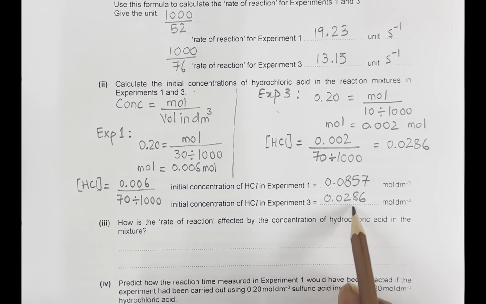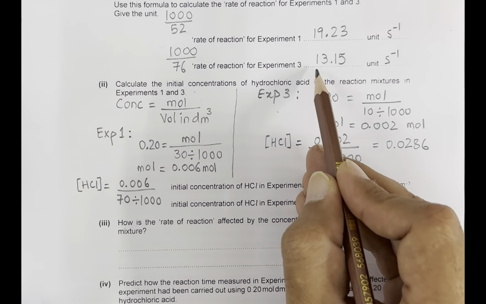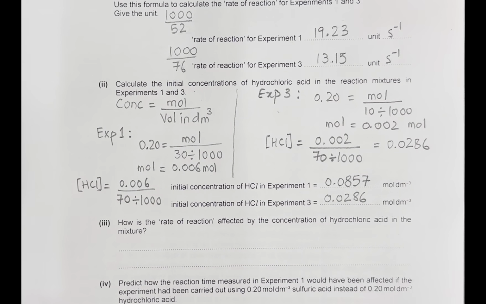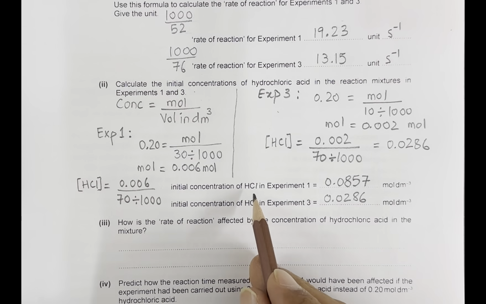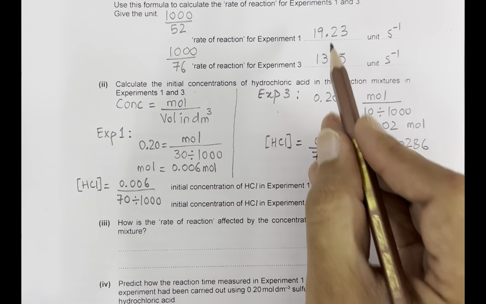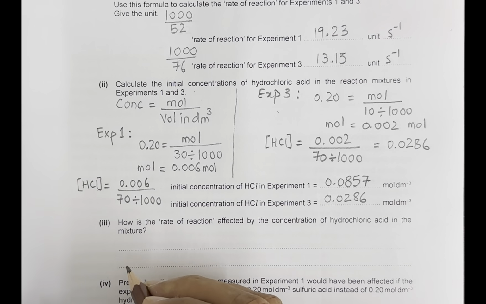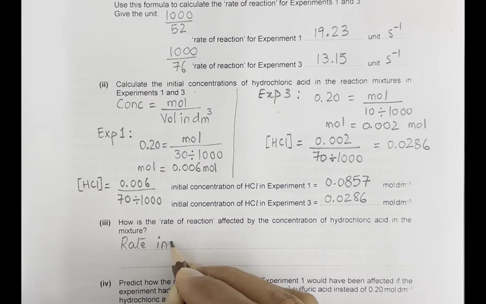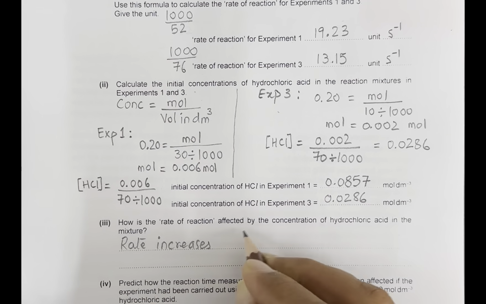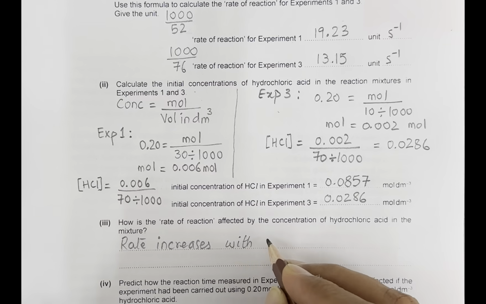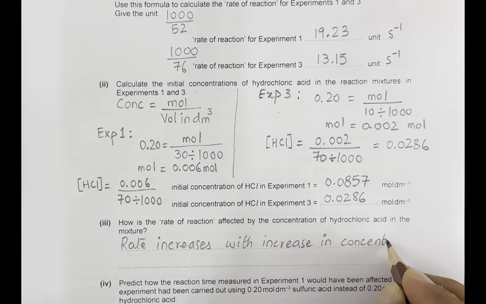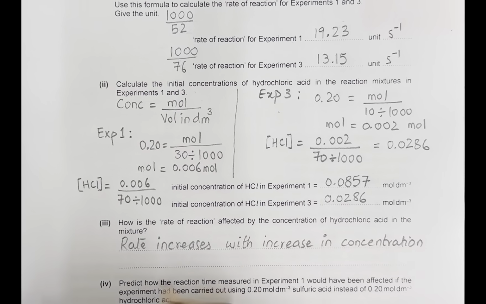When the concentration is decreased, the rate slows down, meaning it also decreases. So we can conclude that increasing the concentration of acid increases the rate of reaction. So we can say the rate increases with increase in concentration of hydrochloric acid.